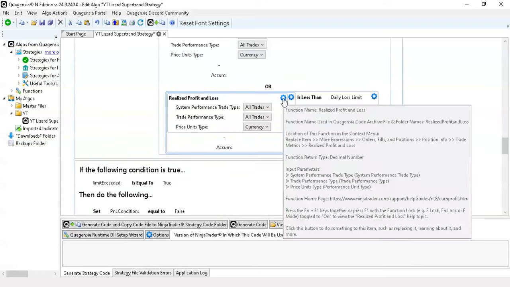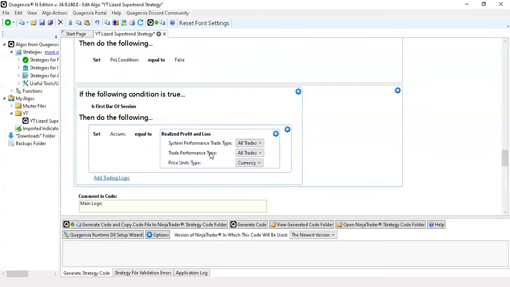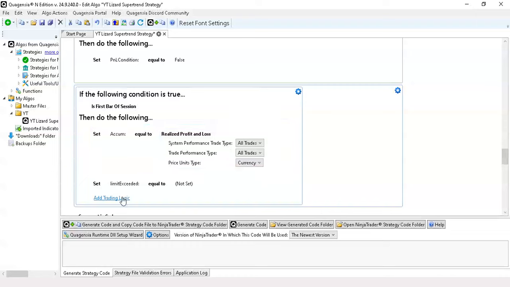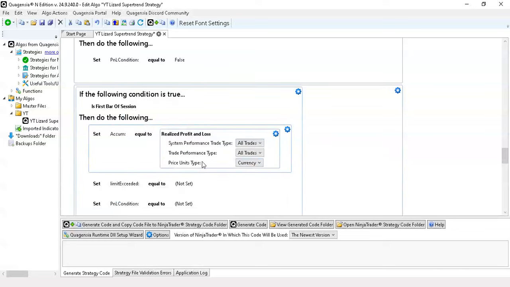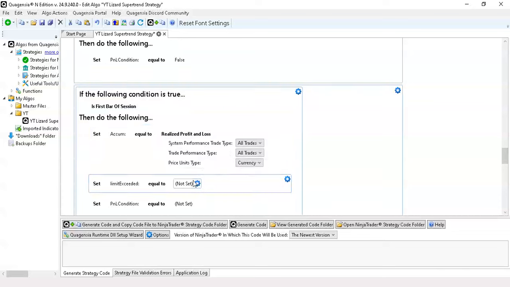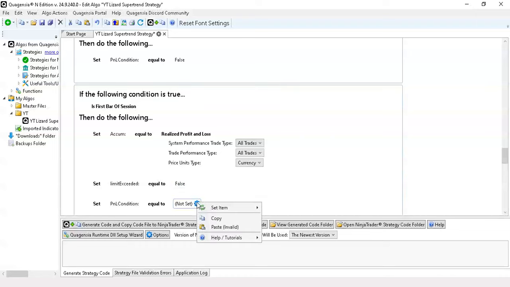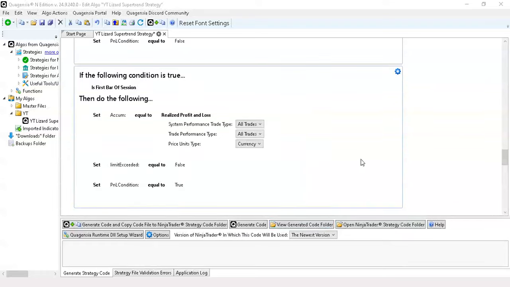Once again, for simplicity, copy and paste. Bear with me one second. Let me see.